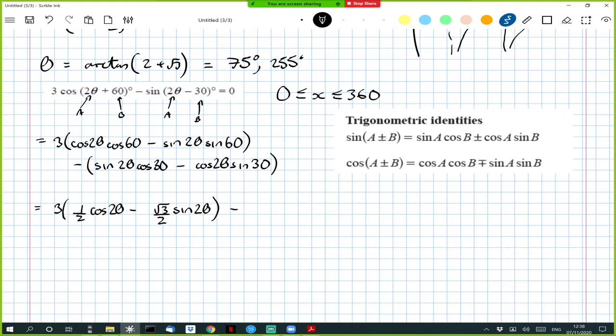Take, so cos 30 is the same as sin 60, so root 3/2 sin 2θ minus 1/2 cos 2θ.